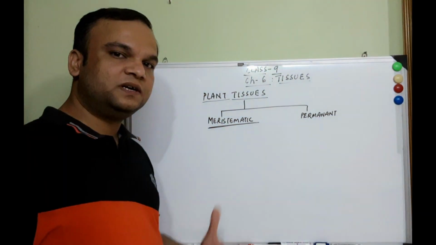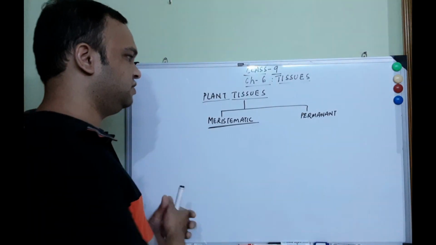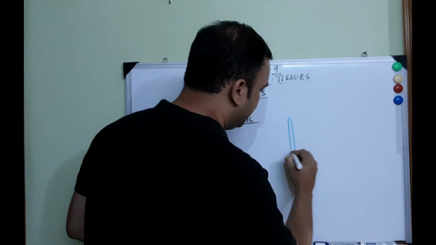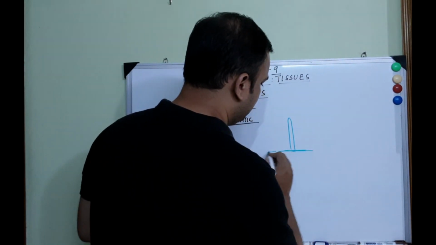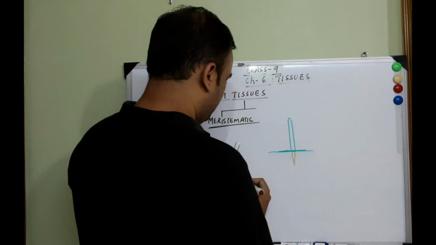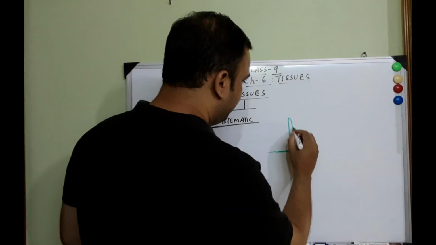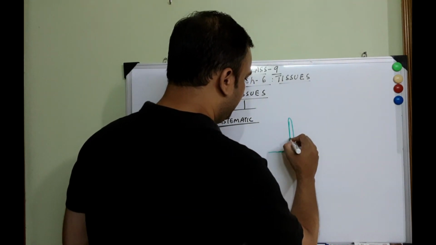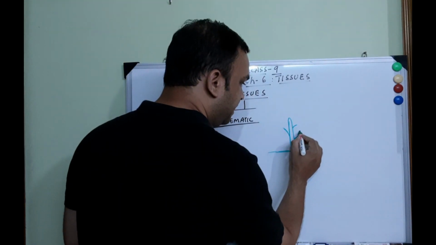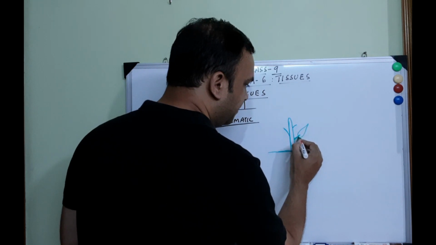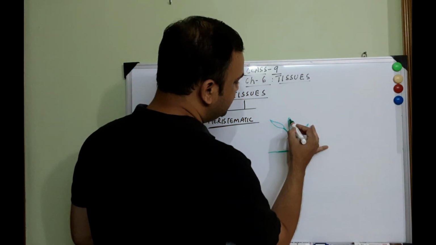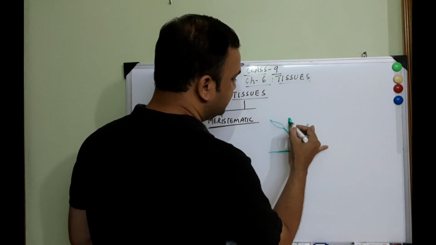So students, let us now focus upon the meristematic tissues. Whenever you see a new plant, I hope all of you have seen one, growing from the soil, just sprouted, with a very new stem and perhaps a few branches from the bottom, and green leaves arising at the tip of the stem, or rather the shoot.